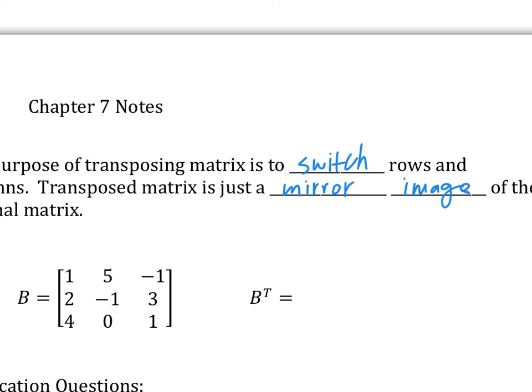So very easy. Sometimes you have the rows going this way, the columns going this way, and they represent different categories. And sometimes you don't want them to look like that. You want to switch them. So then the rows become the columns, and the columns become the rows. And that's it. It's just a way of reordering your data.